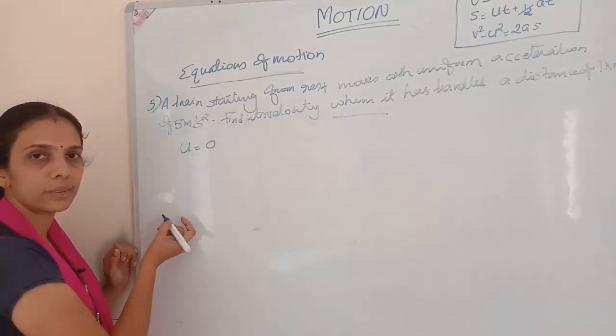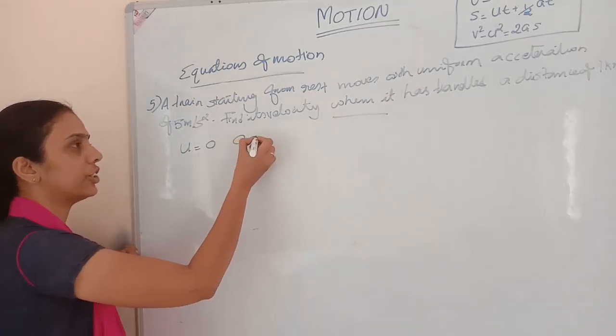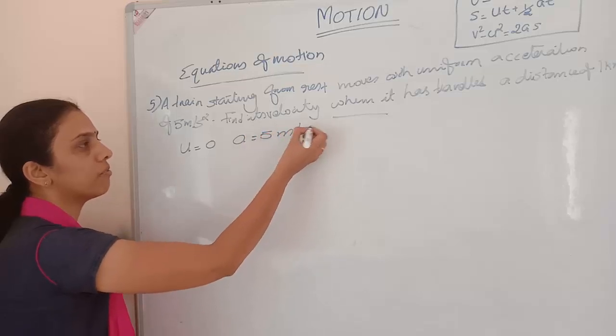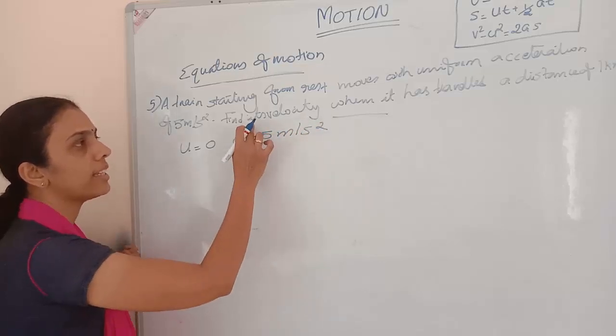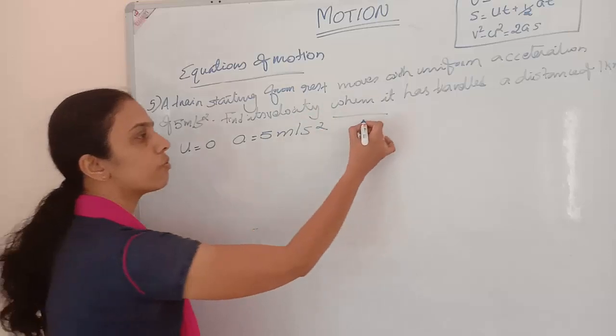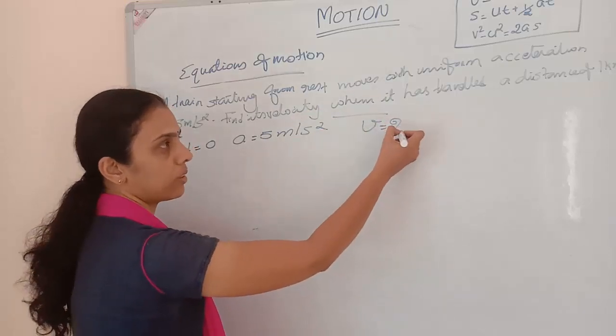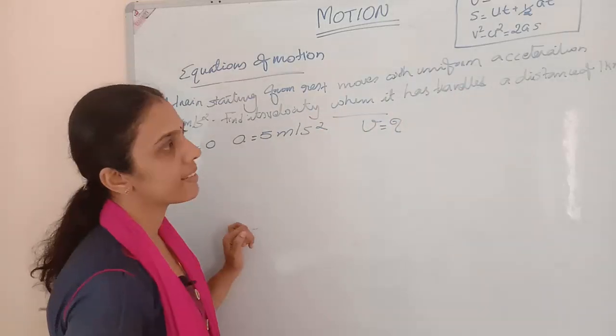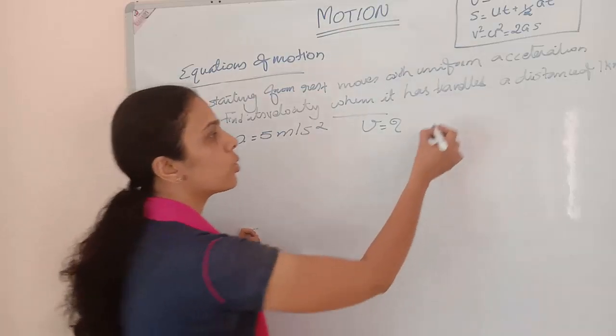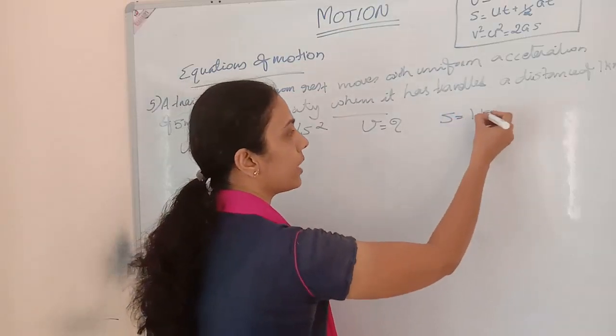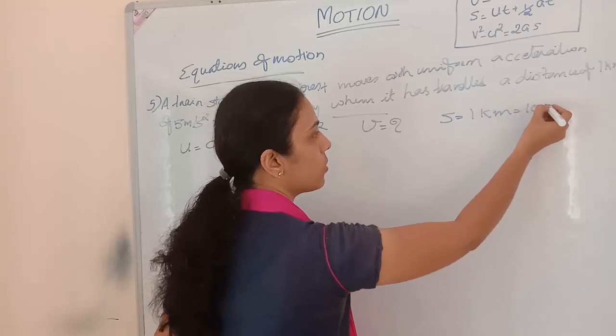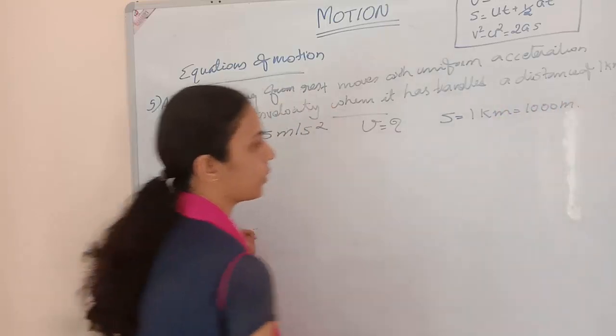Acceleration is 5 meter per second square. We should find out the final velocity when it has travelled a distance of 1 kilometer. So S is 1 kilometer, that is equal to 1000 meter in SI unit.